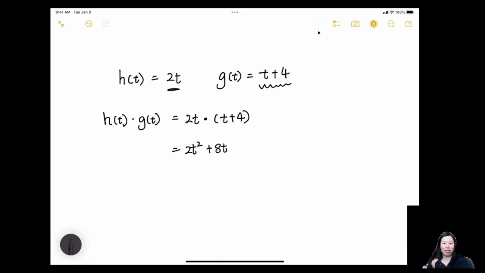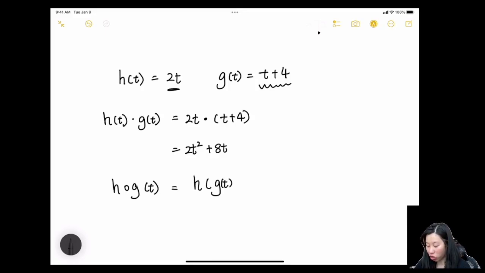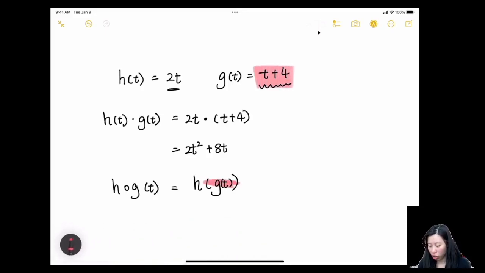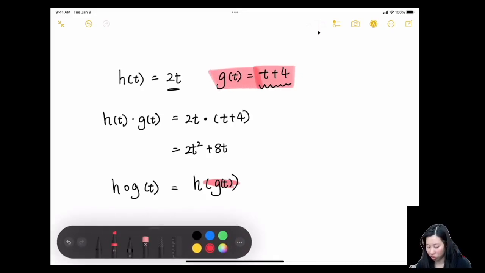Okay, so now I want you to distinguish this one, the composition. This is not a multiplication, that is a composition sign. That means you want to integrate g of t into h of t. So the first part is you have g of t in here. You want to substitute g of t into the parentheses.